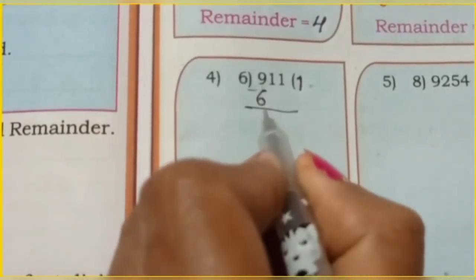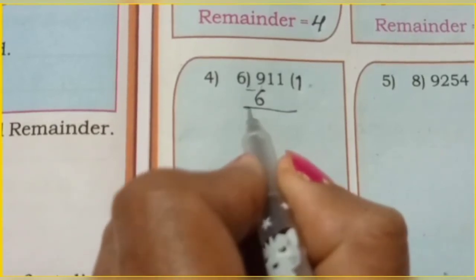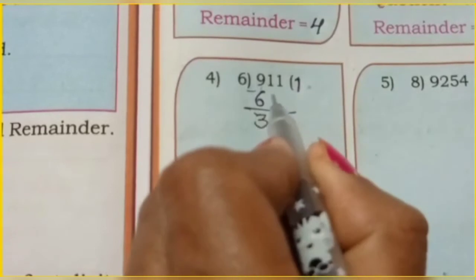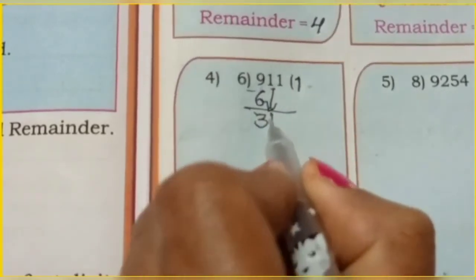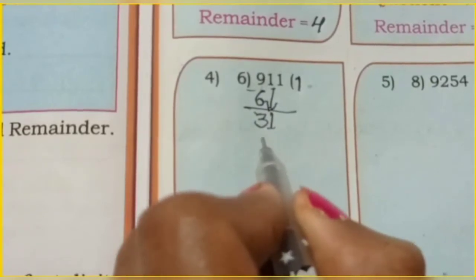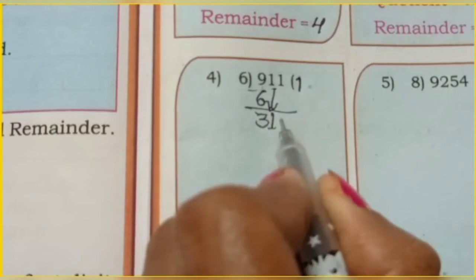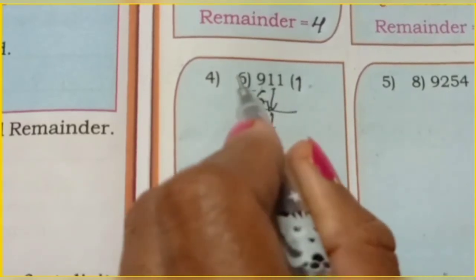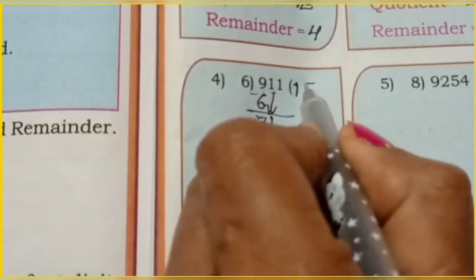Subtract it. 9 minus 6 is 3 and bring down 1. Now divide 31 tens by 6. Now 6 fives are 30.